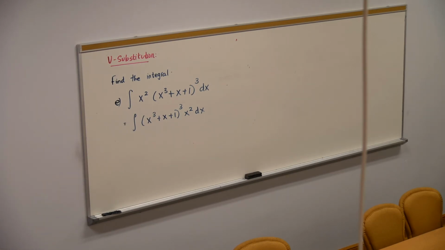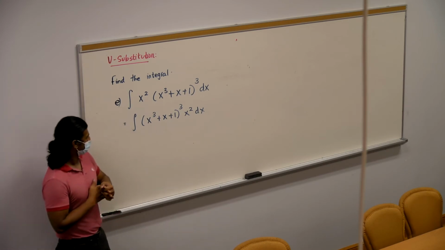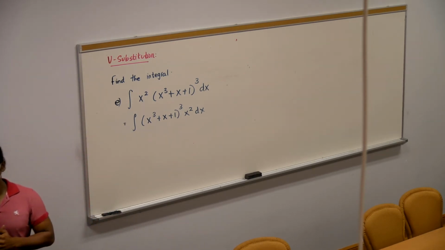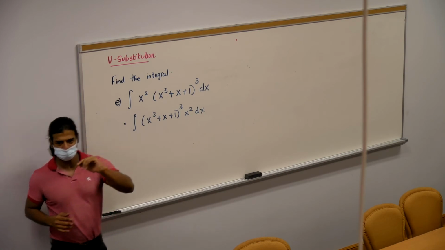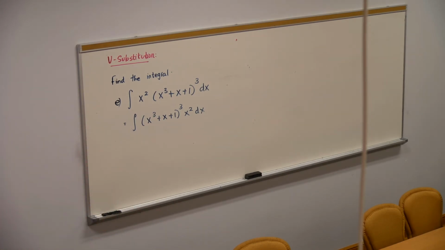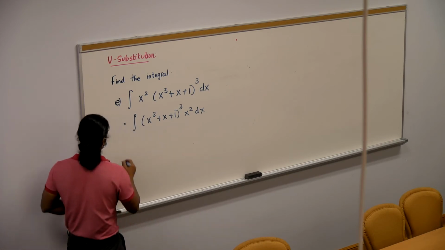If you go back and look at every single problem that we did, A through D, it was pretty obvious because I made it so. What about this problem? Could u be x squared? Definitely not, because if I took the derivative of x squared, I'm not going to get x cubed plus x plus 1. It's not going to happen. So u has to be x cubed plus x plus 1.